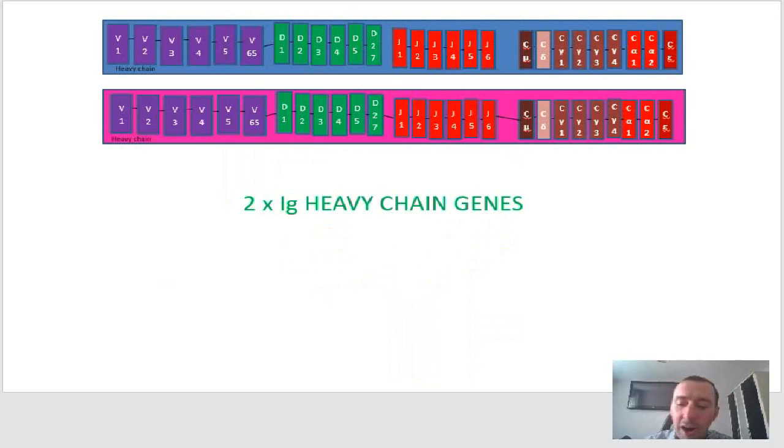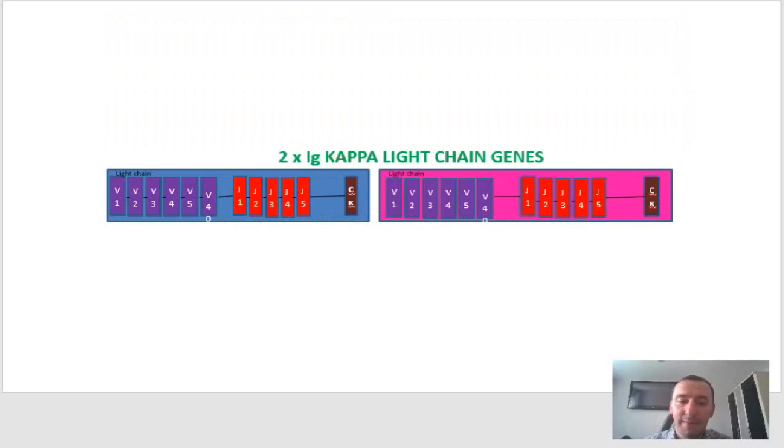So, at the start of somatic recombination, these are the steps that take place. It starts to recombine the heavy chain first. Now, we have 2 copies of that heavy chain. We have 1 copy from our father and 1 copy from our mother. So the cell will decide to try and recombine one of these genes to start with. Okay?